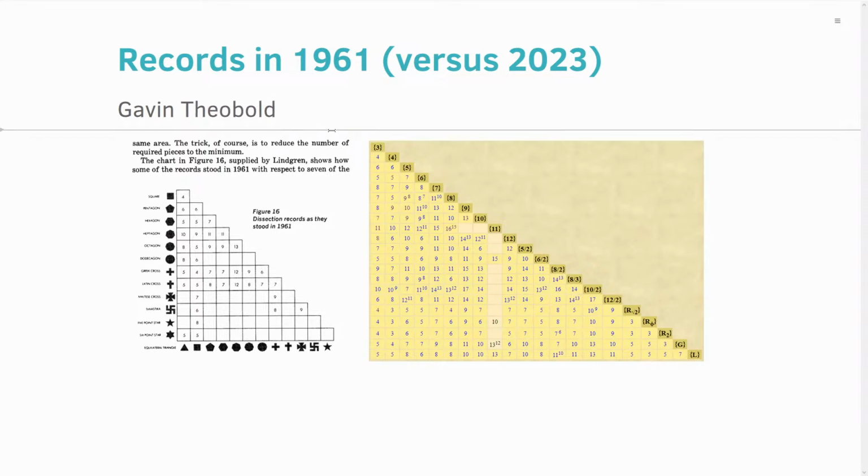If you look for Gavin Theobald, you'll find his website, and it has all of the best known polygon dissections and pictures of each one. But it doesn't have animations like I'll be able to show. For, say, the heptagon here, all of them have been improved since 1961. And there's quite a few more dissections that have been discovered since 1961.